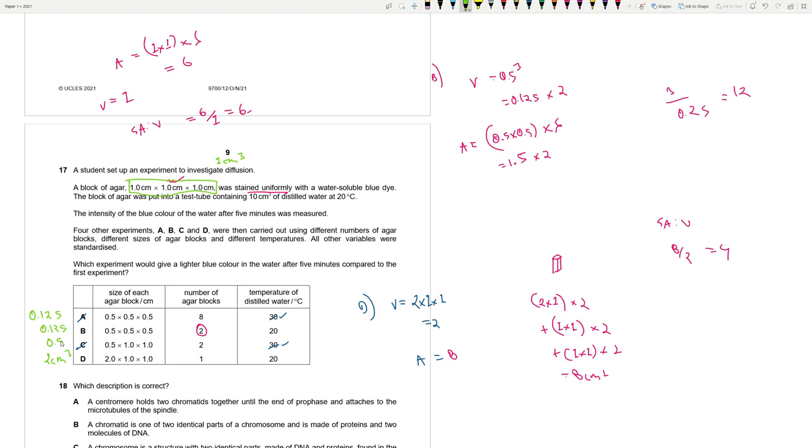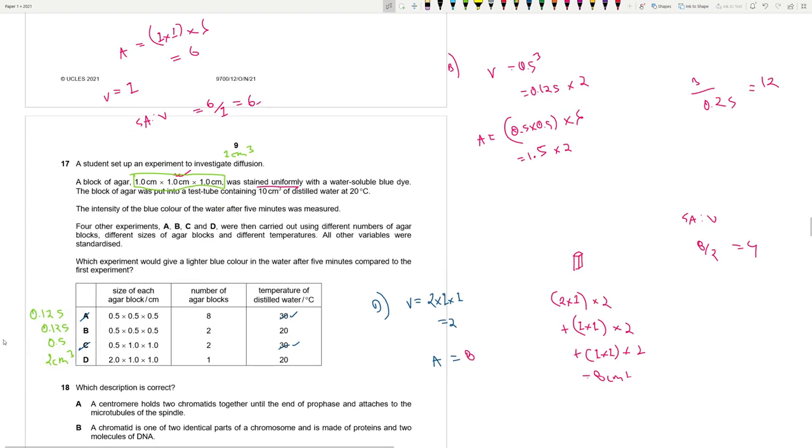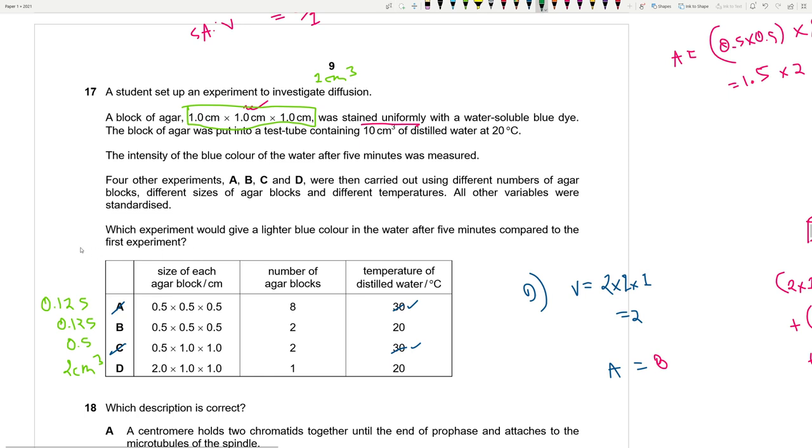So I already told you, in the two options at 30 degrees, why are they not correct? Here's the thing. Why are the number of blocks given? The values I wrote on the left hand side are for one block only. You need to calculate it for all blocks.